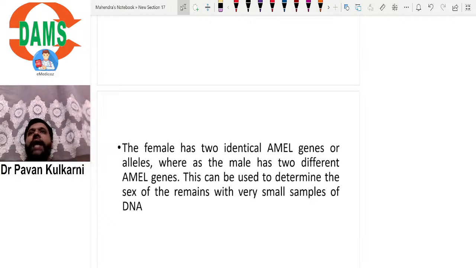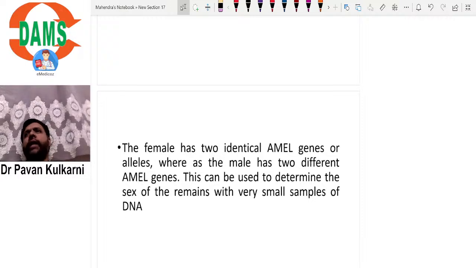Whereas in males, as it has X and Y, the two alleles of the Amel gene are different. So if you see one gene with two different alleles, then it belongs to a male. What do you mean by different? I mean the nucleotide sequence.